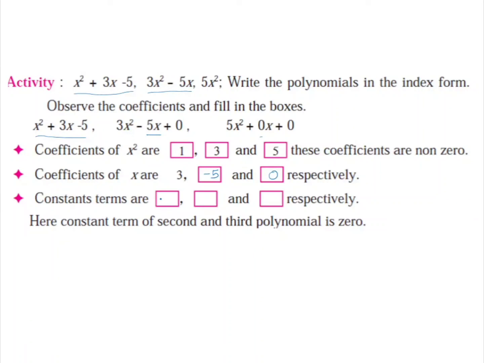So we should consider this constant term along with the negative sign. So the constant term is minus 5 in the first polynomial. In the second polynomial it's not given, so it is 0. And in the third polynomial also it is not given, that's why it is 0. So this is how we can find the coefficients of all the terms in given polynomials.